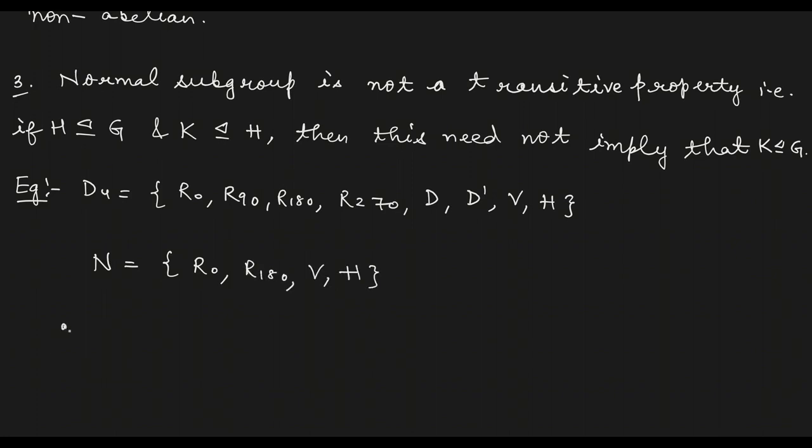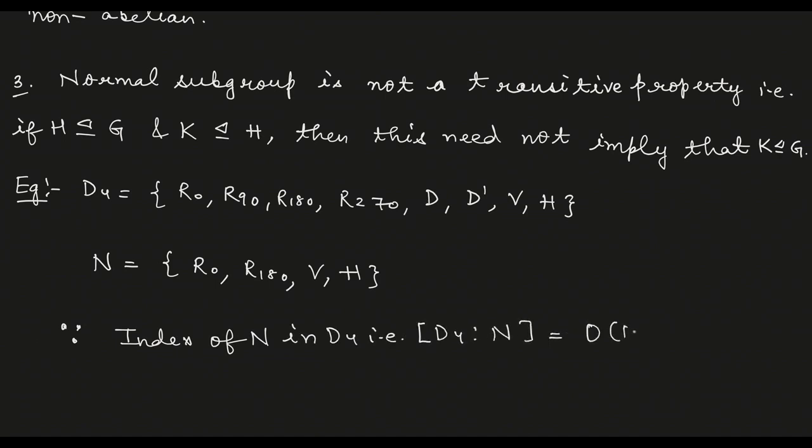Now as index of N in D4, that is D4 upon N, this is basically order of D4 upon order of N. Order of D4 is 8, order of N is 4, so 2. So whenever we have a subgroup N whose index in this group G is 2, then we will say that that subgroup is normal in G.